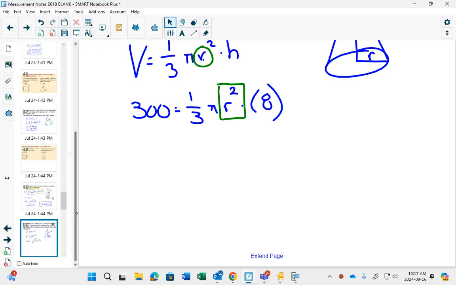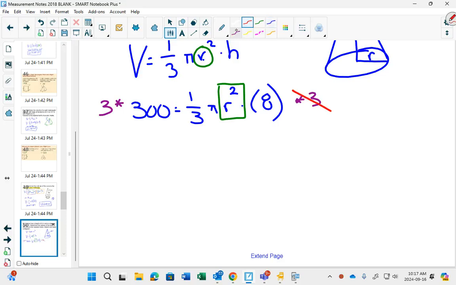Okay? If I wanted to get the R squared by itself, I need to get rid of these other numbers on that side. So if I was taking my time, maybe I choose to get rid of the 1/3 first. What's the opposite of dividing by 3? Multiplying by 3. So if I multiply this side by 3, I have to multiply this side by 3.